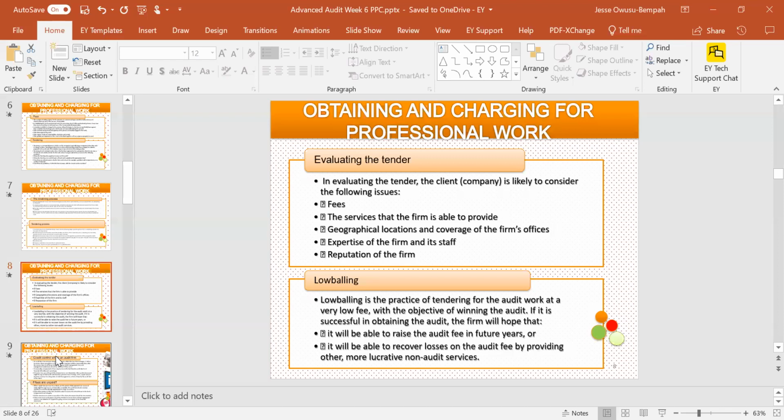Number two is the services that the firm is able to provide, right? Number three is the geographical locations and coverage of the firm's offices. So this will usually apply to multinational firms, right?